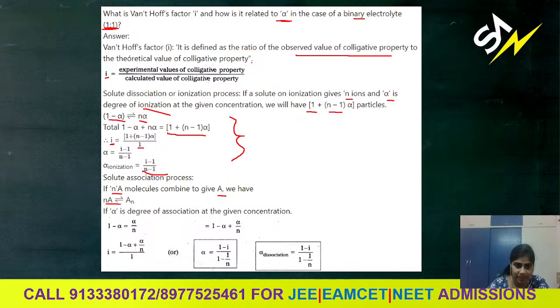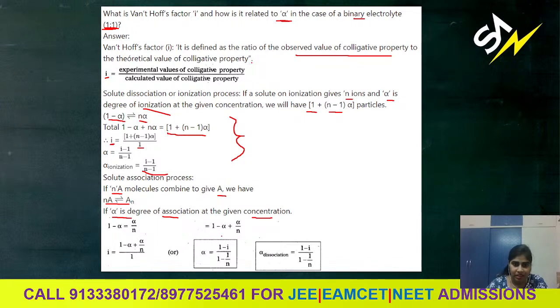It is represented in this way: n moles of A combine to give one mole of A_n. If alpha is the degree of association at the given concentration, then we get 1 minus alpha and alpha by n.